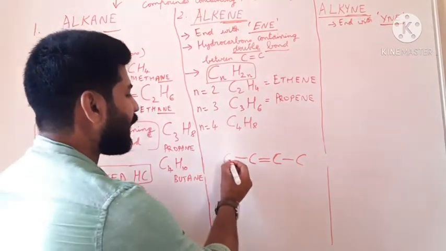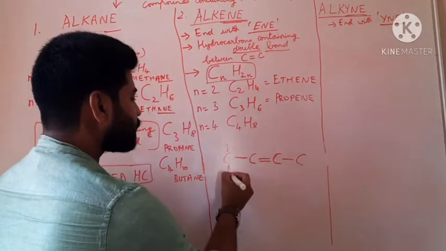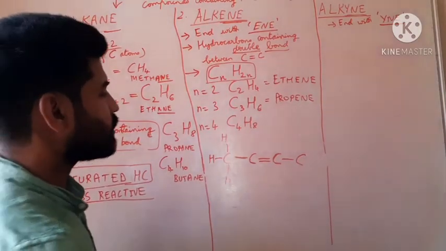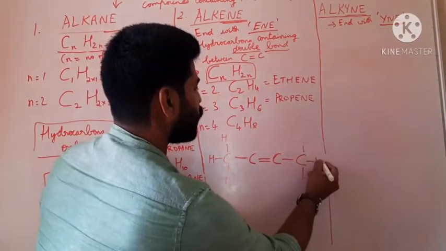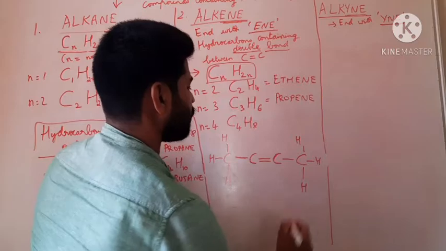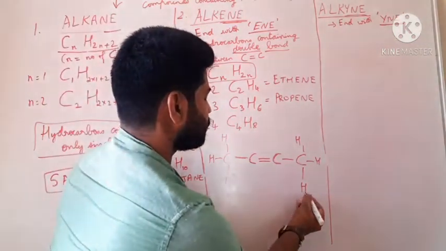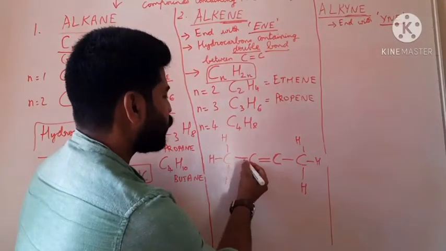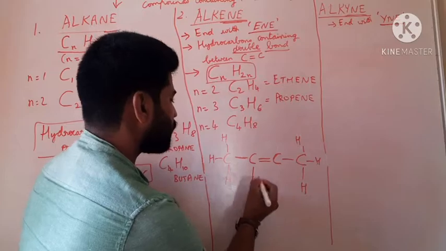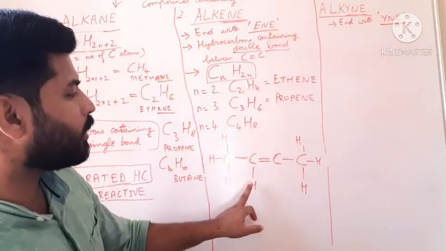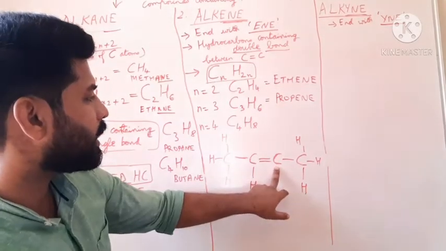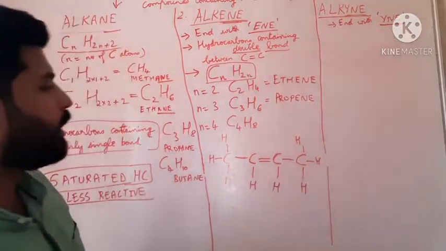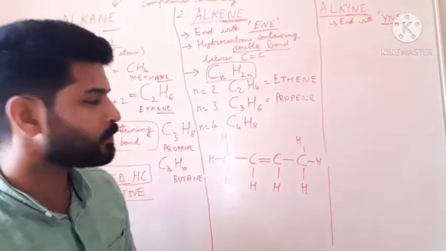Then all we have to do is fill in the hydrogen. This carbon requires 3 hydrogens. This carbon requires 3 hydrogens. Then this carbon is bound to 1, 2, 3. It can take one hydrogen. This carbon is bound to 1, 2, 3. It can take another hydrogen.